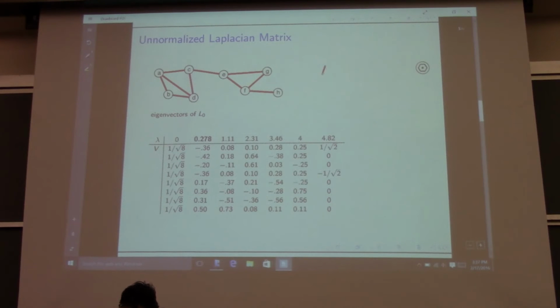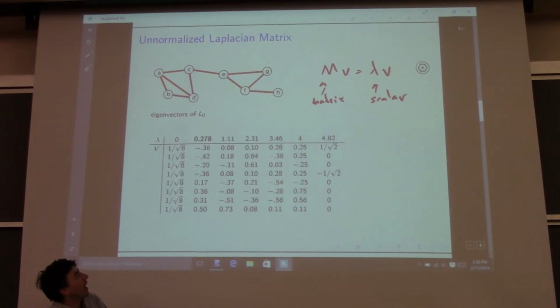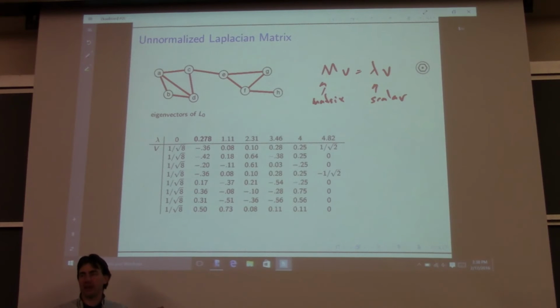If you have a matrix M, then an eigenvector of this matrix is a V such that there exists a scalar, so this is a matrix and this is a scalar. If I multiply the matrix by this vector, I'm essentially getting the vector back up to some scale.